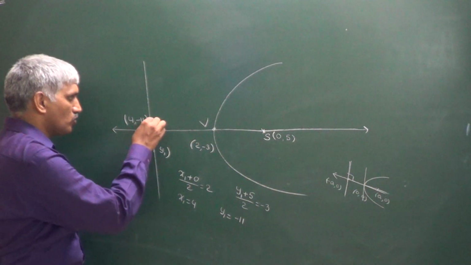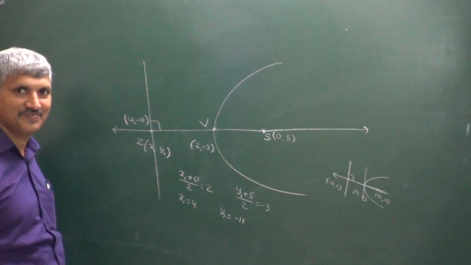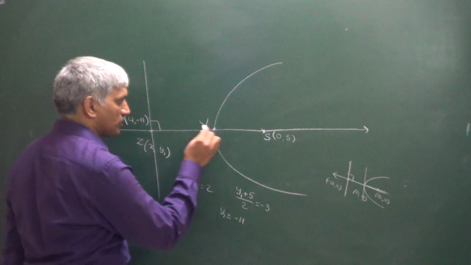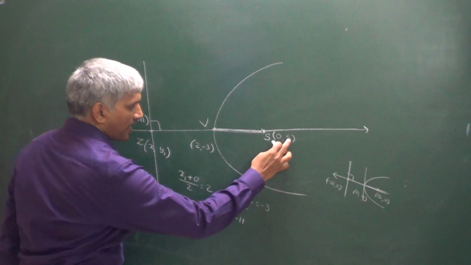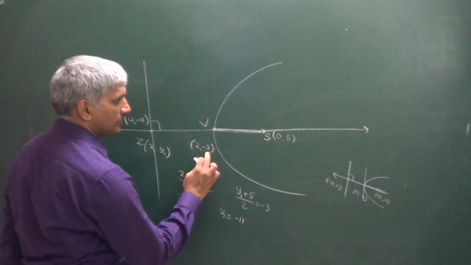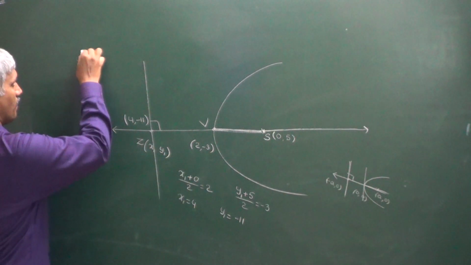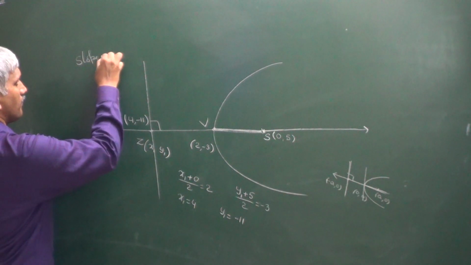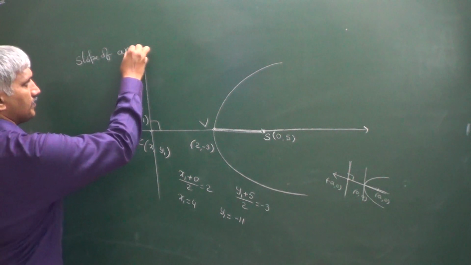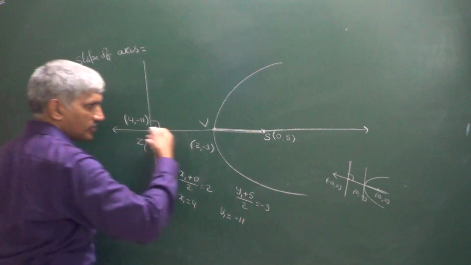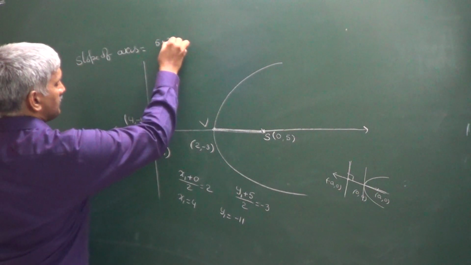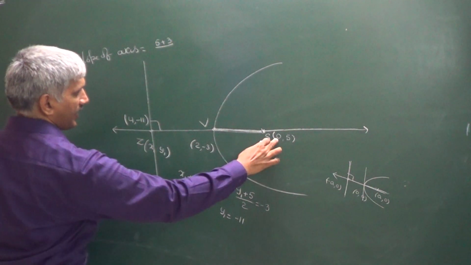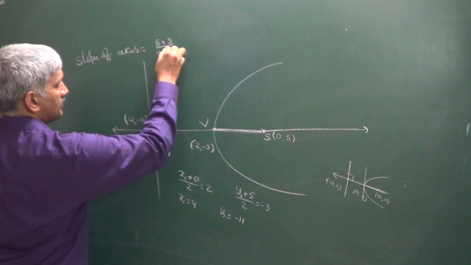Now, these 2 are perpendicular. Can you tell me what is the slope of this line? This line slope is y2 minus y1 divided by x2 minus x1, that is the slope of the axis.